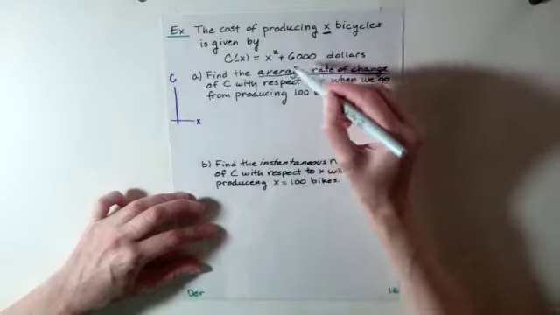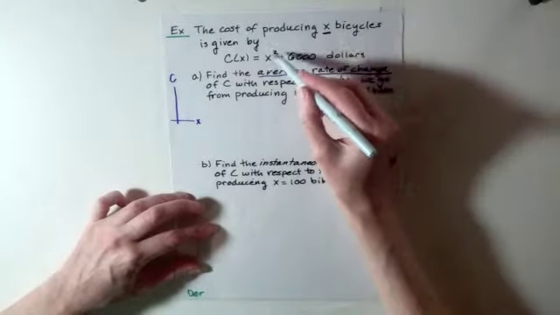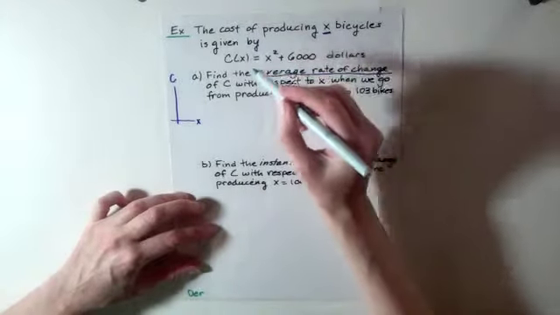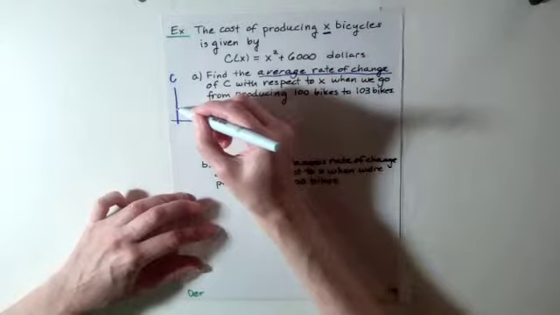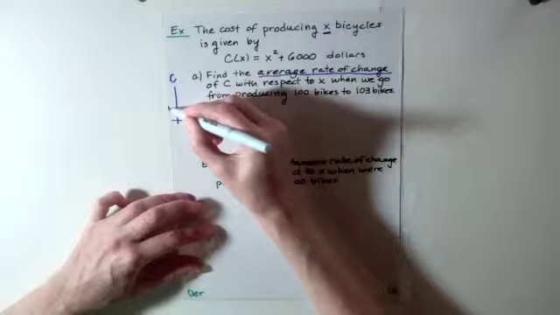Well, what would this graph look like? It would be some kind of, I guess it's a parabola. If you draw y equals x squared plus 6,000, it has a y-intercept of 6,000.